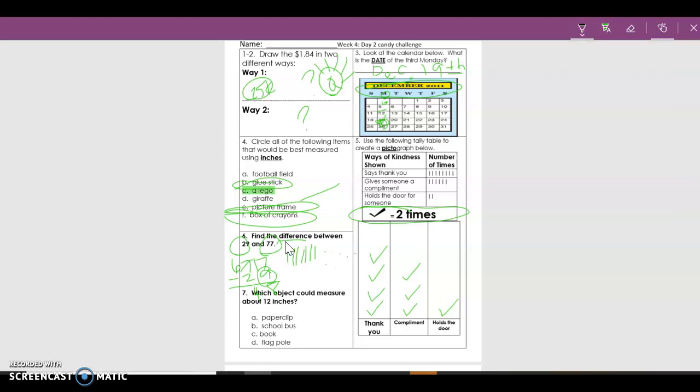I would want to take away 9, but I noticed that my ones don't have 9. So I have to go next door and crush a 10. So this one I'm going to get rid of, and I'm going to turn it into 10. 1, 2, 3, 4, 5, 6, 7, 8, 9, 10. And now I can definitely take 9 away.